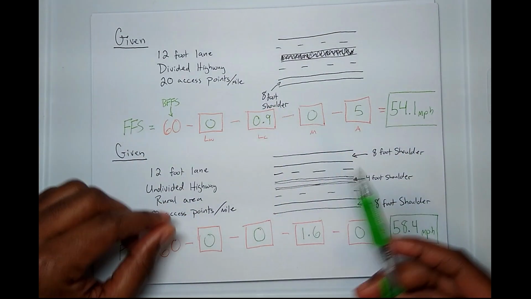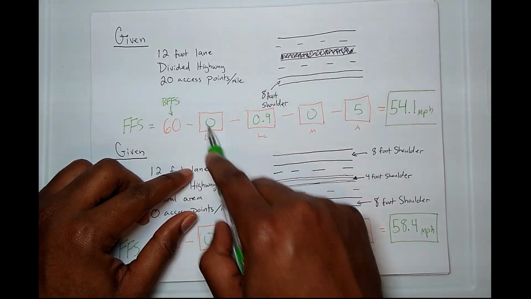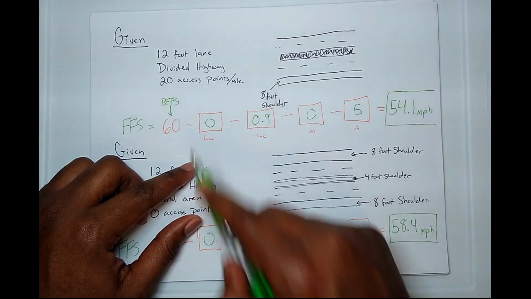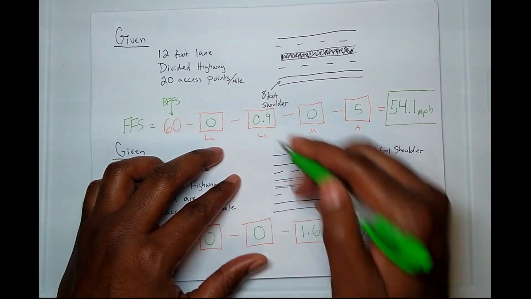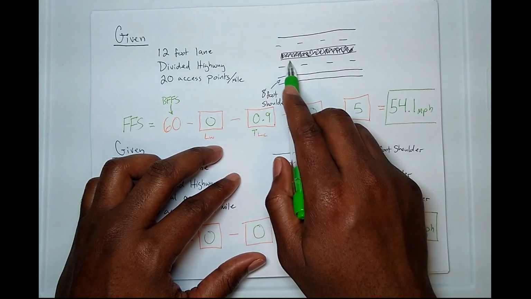Look at the top scenario first. The lane width is 12-foot lanes. Therefore, that doesn't really affect anything. It's the ideal scenario, so we don't subtract anything from 60. The total lateral clearance, that's an 8-foot shoulder on the right side.